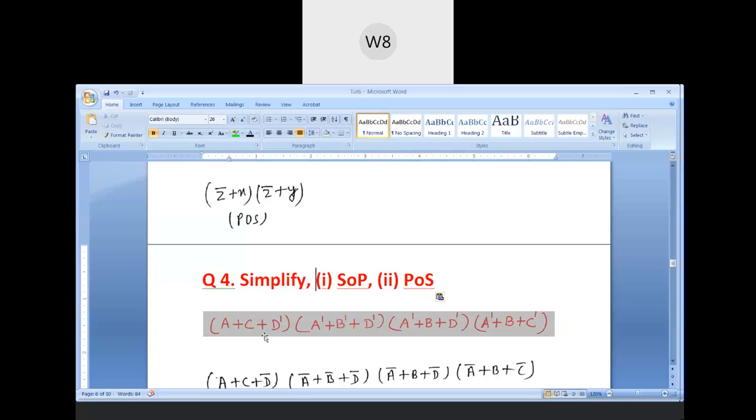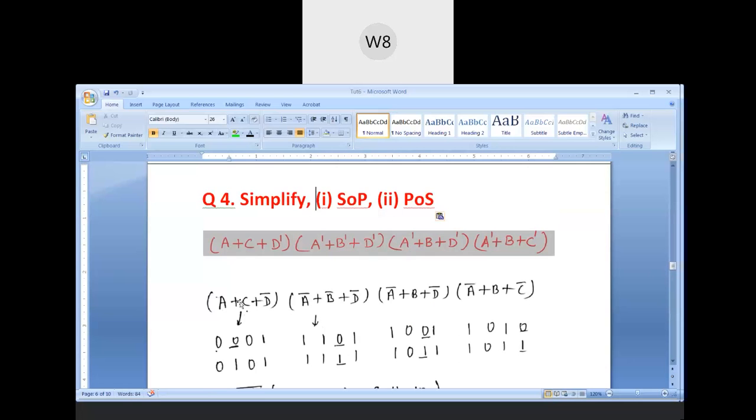Now we find all those input conditions for which the first term is going to be 0. Here we have a plus c plus d bar. That means a should be 0, c should be 0, and d, which is the last variable, should be 1.